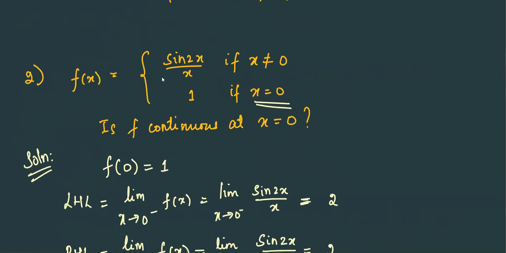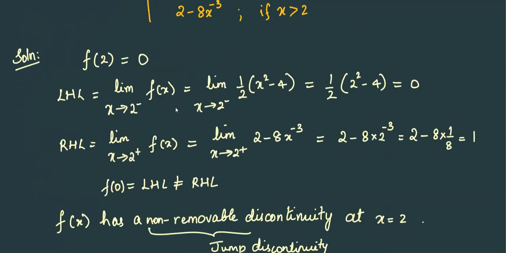So f of x is sine 2x by x for x not equal to 0, and for x equal to 0, it is 1. So these are called piecewise functions.